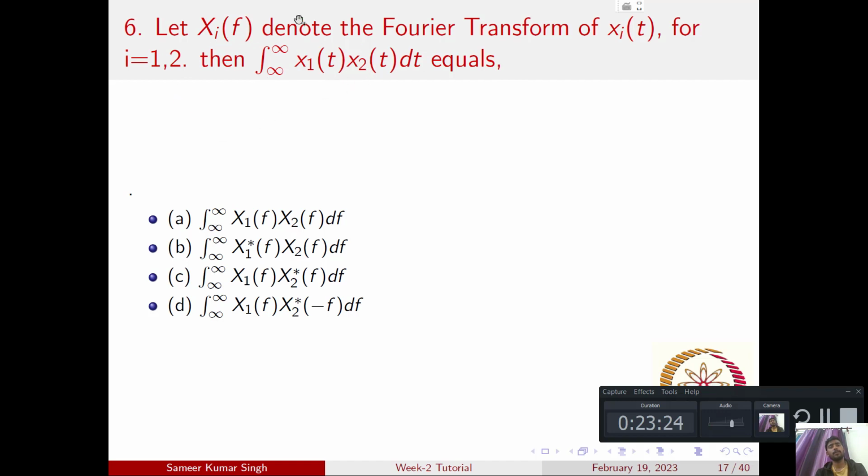We have to calculate the value of this integration, with the limit going from minus infinity to plus infinity. Please try.